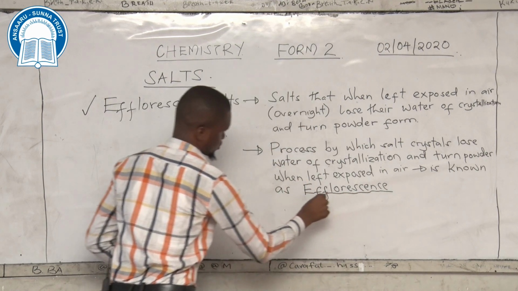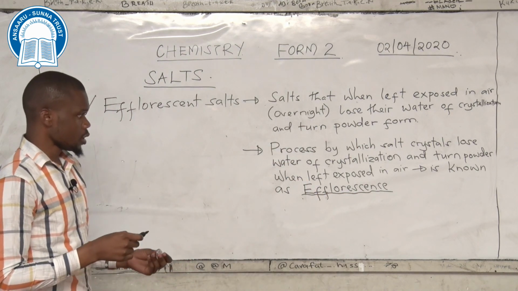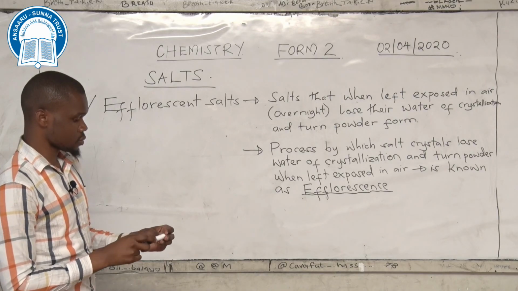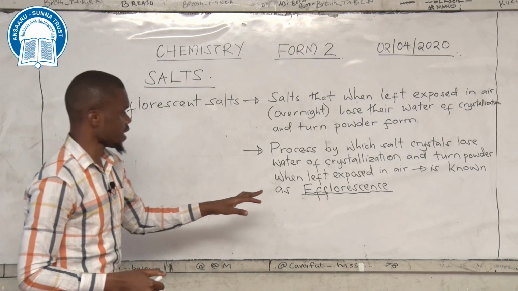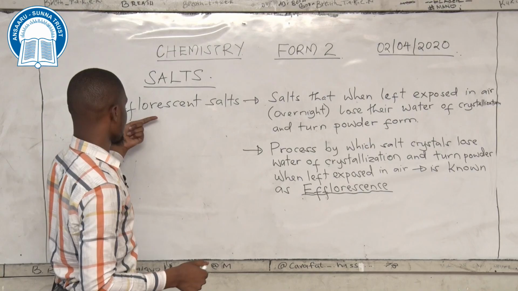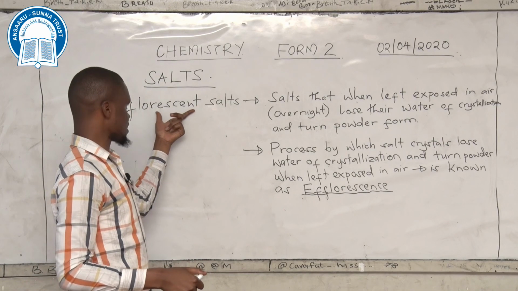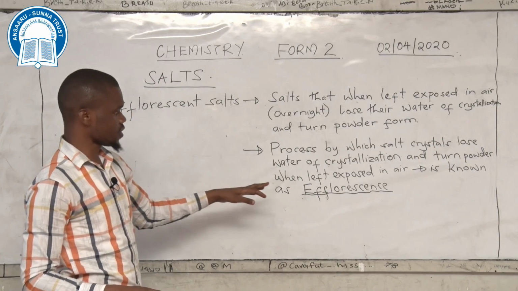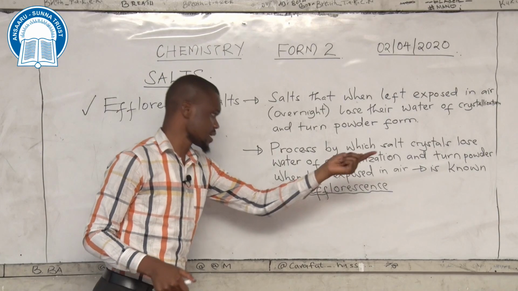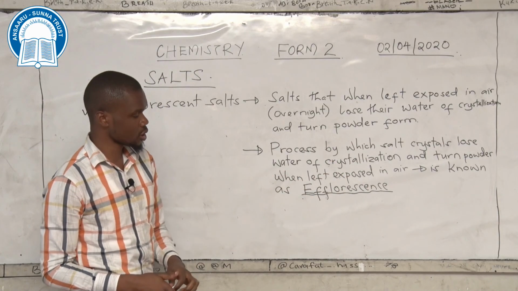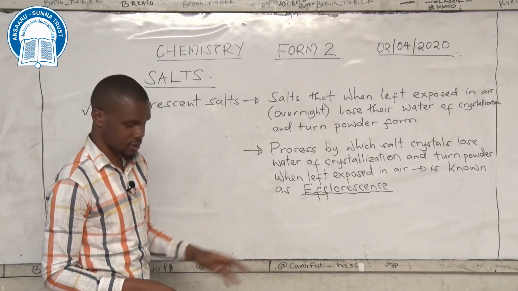Now this is the process. So we should be careful to give the right answer: if they talk about efflorescent salts, these are actually the substances, the salts themselves. But if they're talking about efflorescence, then it is the process by which water of crystallization is lost.